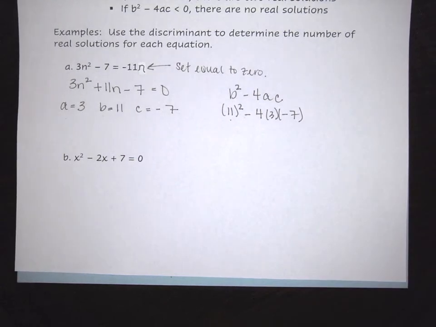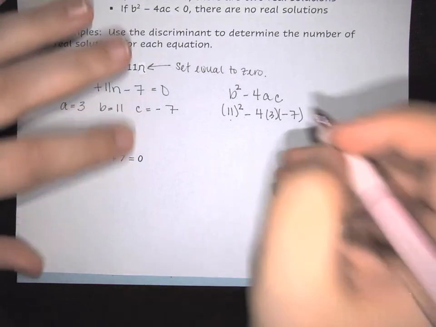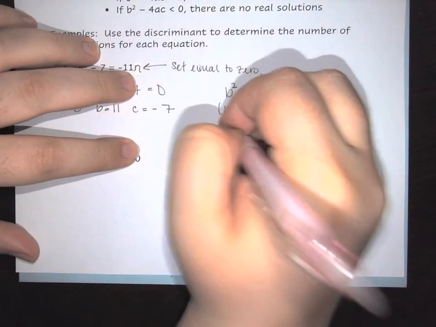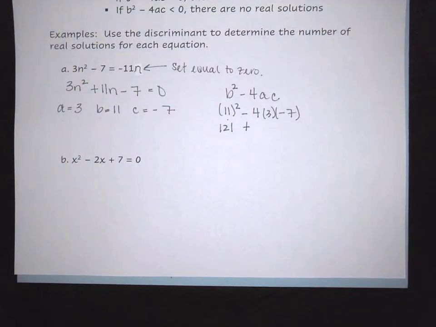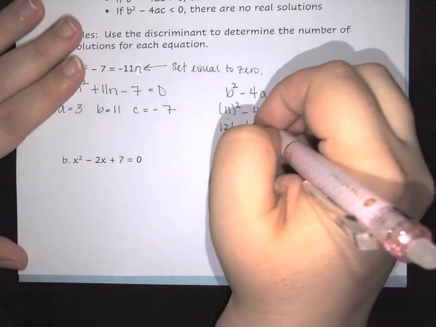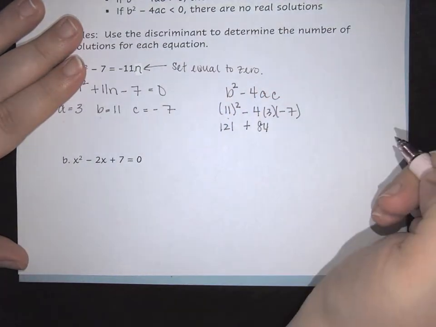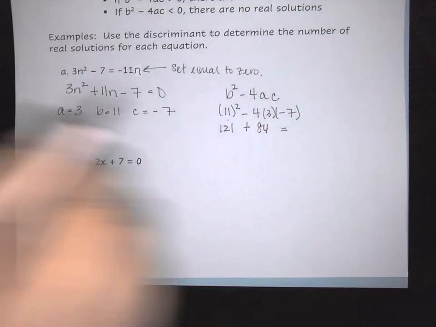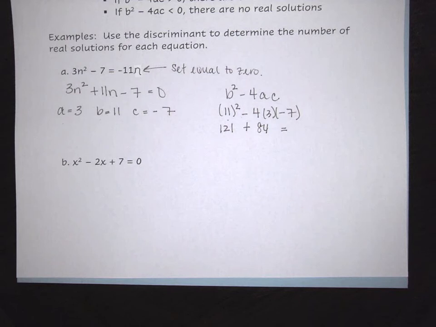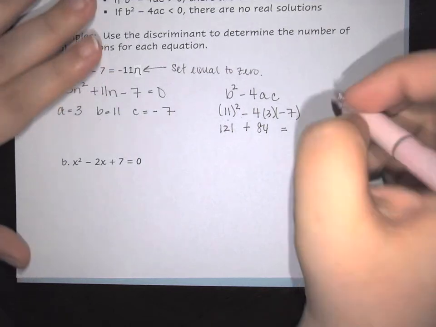So here, 11 squared is going to give me 121. Then this is going to be positive, and then you have 4 times 3 times 7, which is going to give you 84. And then when we do that, we can add them all together. And in this case, you end up with the result of 205.